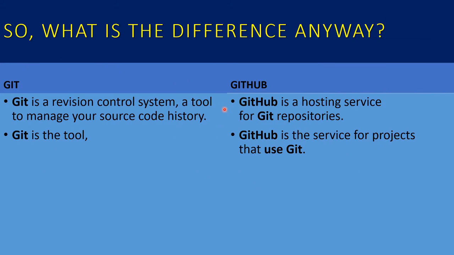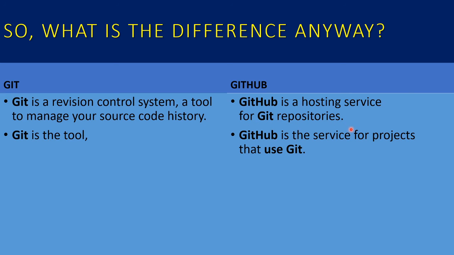Moving on, what's the difference anyway? Someone might be wondering what the difference is between the two. Git is simply a version control system. It's a tool that's going to manage the source code history, the changes you're making. It's going to track everything you make on your files. GitHub, on the other hand, is a hosting service for Git repositories.